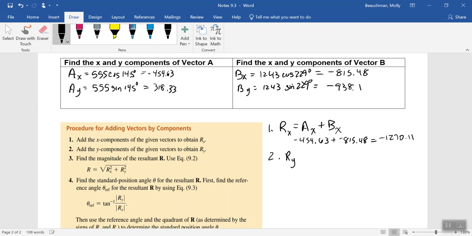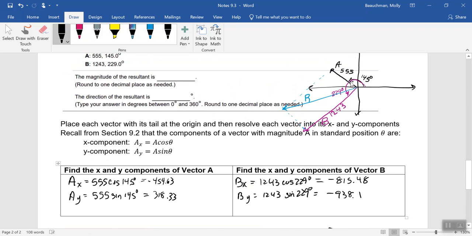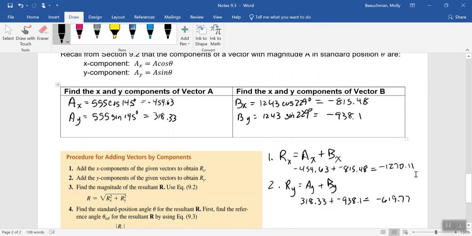Step 2, find the y component of the resultant. We get that by adding together the y components of vector A and B. So we take 318.33 and add a negative 938.1, and we end up with negative 619.77. And notice our x and y components are both negative, and looking at our picture, our resultant vector is in the third quadrant, so that makes sense.